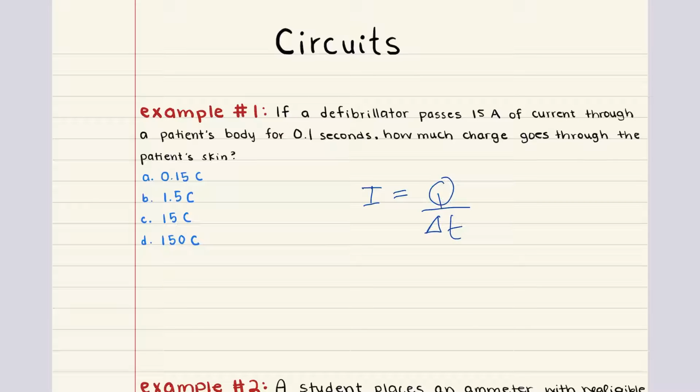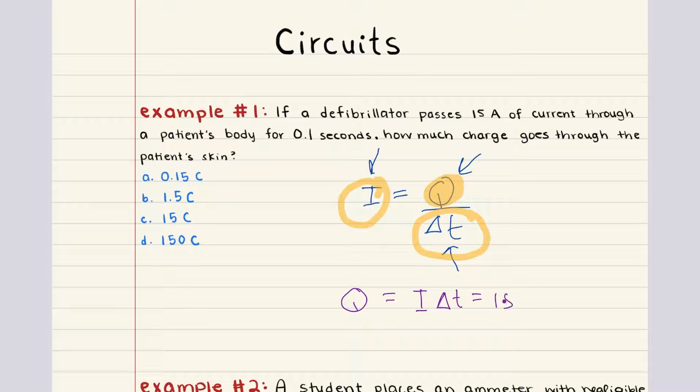So we can write this as I, current, is equal to Q, charge, divided by delta T, which is change in time. Now here, our ultimate goal is to calculate the charge given the current and the time. So let's rearrange this equation to solve for Q. Q is going to be equal to I multiplied by delta T.